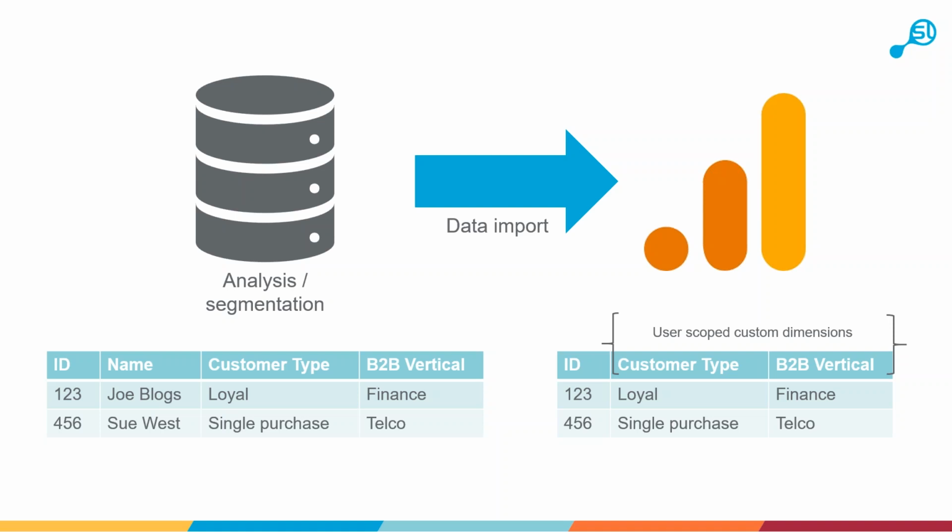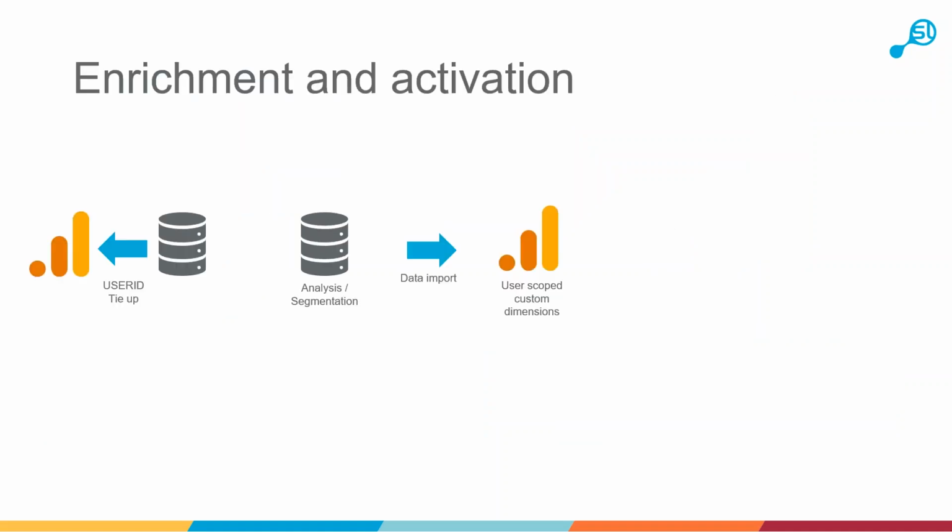Again, this has to be anonymized information. You're not allowed any personally identifiable information. So that is important to remember. So in terms of activating, once we've enriched analytics with this user scoped information, we can create GA audiences in analytics.